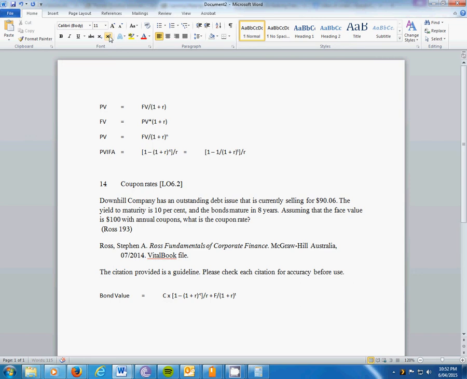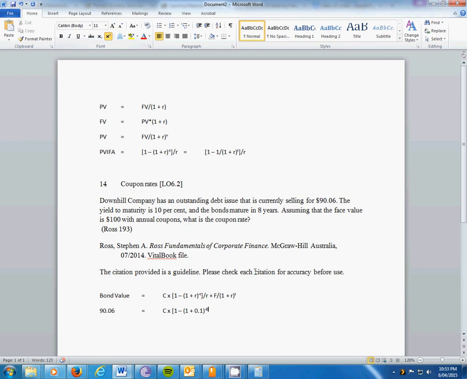Okay, so now let's have a look at how we're going to work this out. The bond value we know is 90.06. That is the present value of this bond. Now the payment is what we don't know, but we do know everything else. So we have the yield to maturity, the rate. It is 0.1.